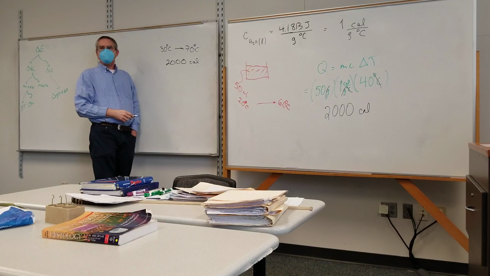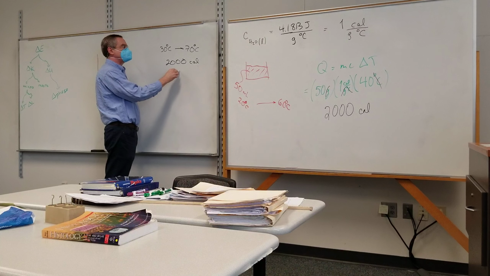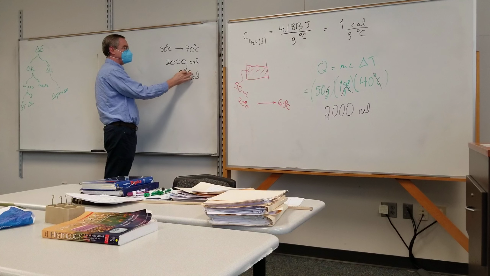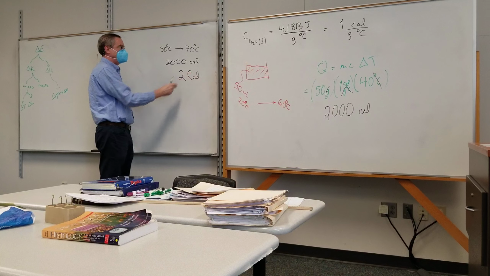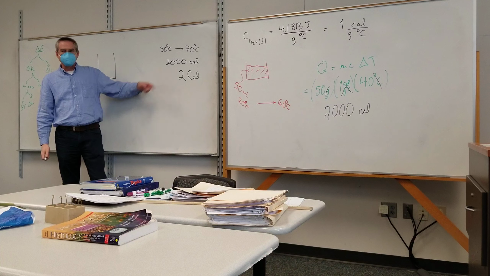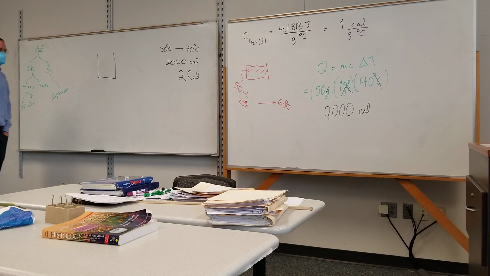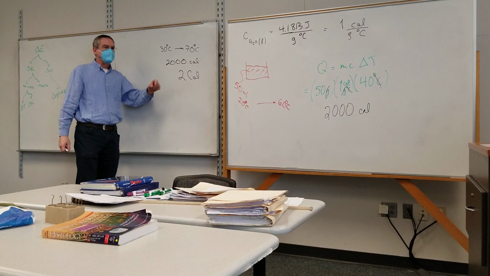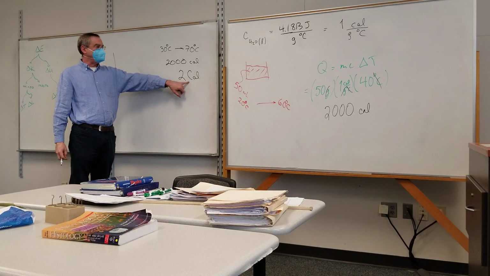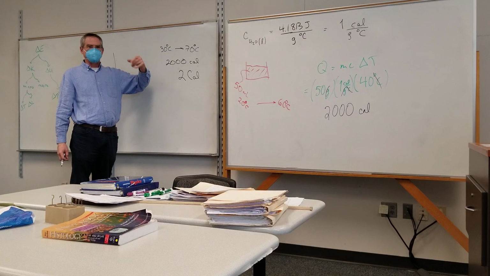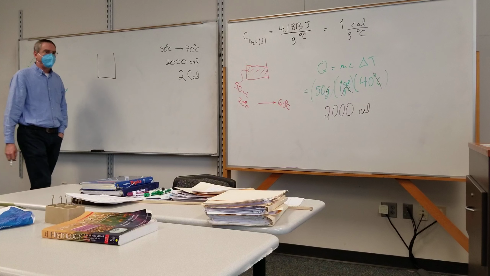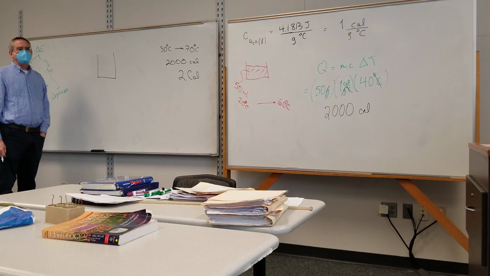Or, flashing back to something we did 2 days ago, 2 calories with Dixie. The food calories. 2 calories. We didn't do that. I talked about the relationship between calories and food calories. Now, food calorie has a capital C, the physics chemistry calorie has a lowercase c. So if we were talking about food, it'd be just 2 calories.